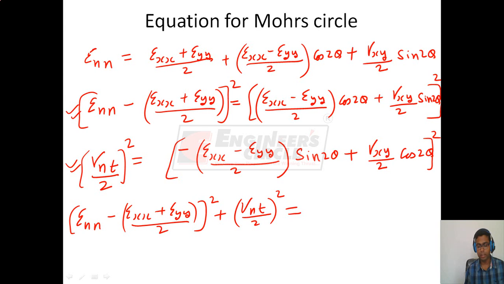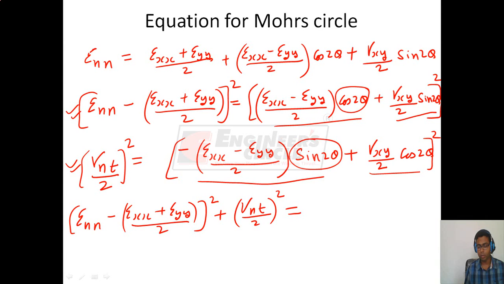Now if you look at the right hand side of equation 1, this is a, this is b, so it is (a plus b) whole square, and this is (minus a plus b) whole square. So in the first term we have (epsilon xx minus epsilon yy)/2 as common, and cos square theta plus sin square theta will become 1.